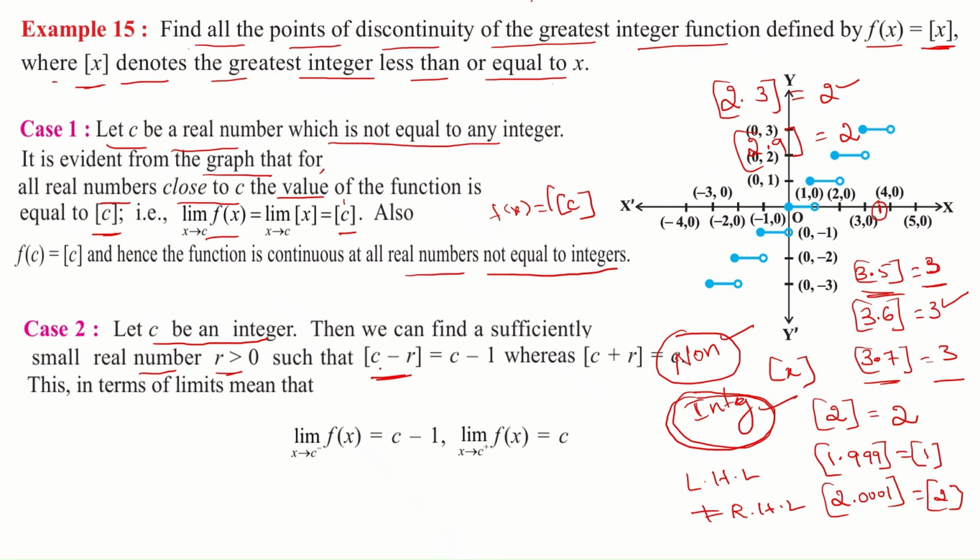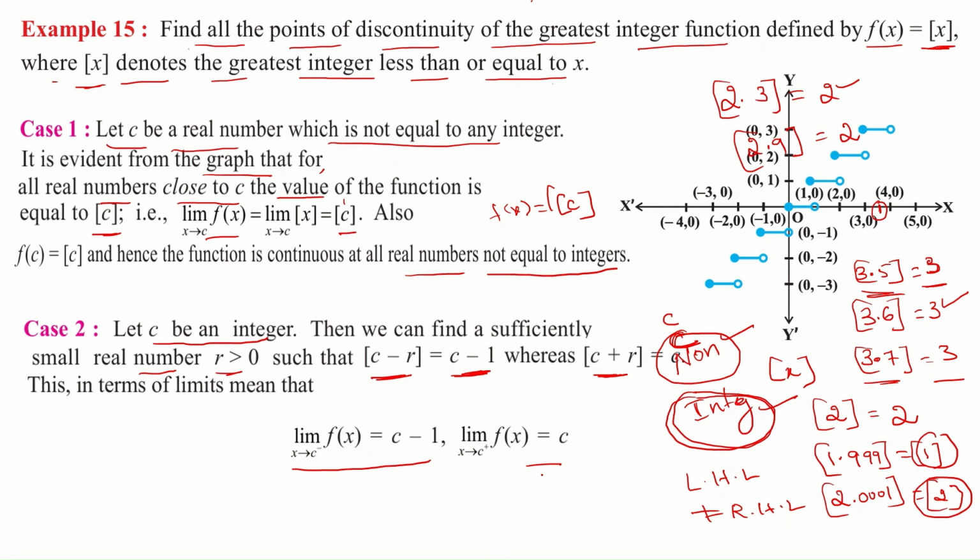If we subtract, c minus r gives the output c minus 1, as like 1 it gave. Whereas if I add, for the right hand limit c plus r, the output is c only. Here 2.0001 gives 2 only, that is c. Therefore, the left hand limit is c minus 1 and the right hand limit is c.